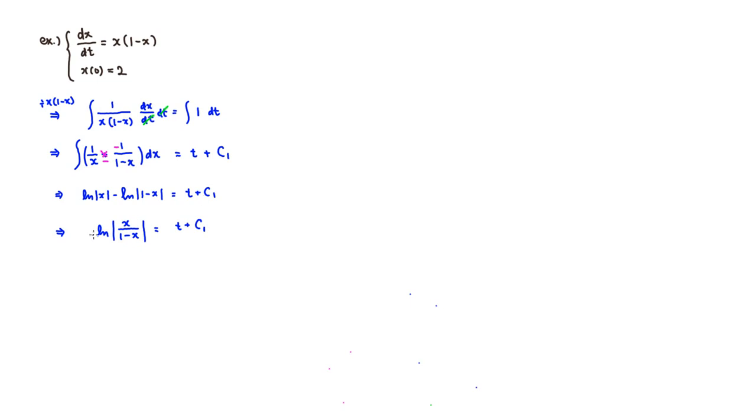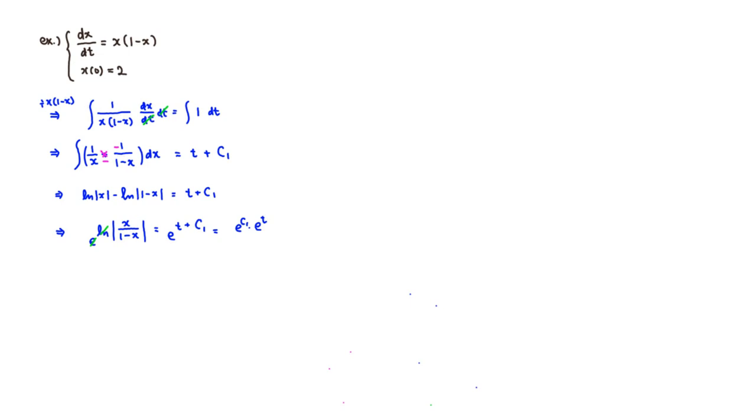We can get rid of the natural log by raising e to both sides of the equation, so that we cancel the natural log and e here. On the right hand side, I'm going to write e to the c1 first, and then e to the t.